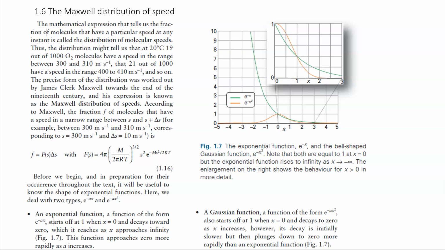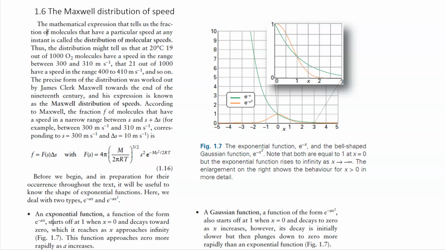But of course, we have to make it a little bit more nuanced than that, right? Because the mathematical expression that tells us the fraction of molecules that have a particular speed at any instant is going to be called a distribution of molecular speeds. And populations of gas molecules aren't going to be uniform in speed. So we have to be able to evaluate how the population is behaving.